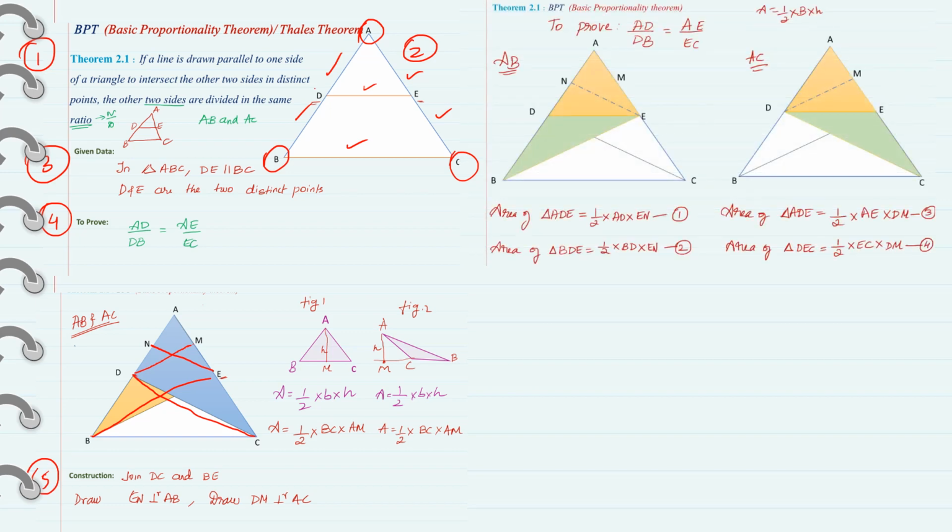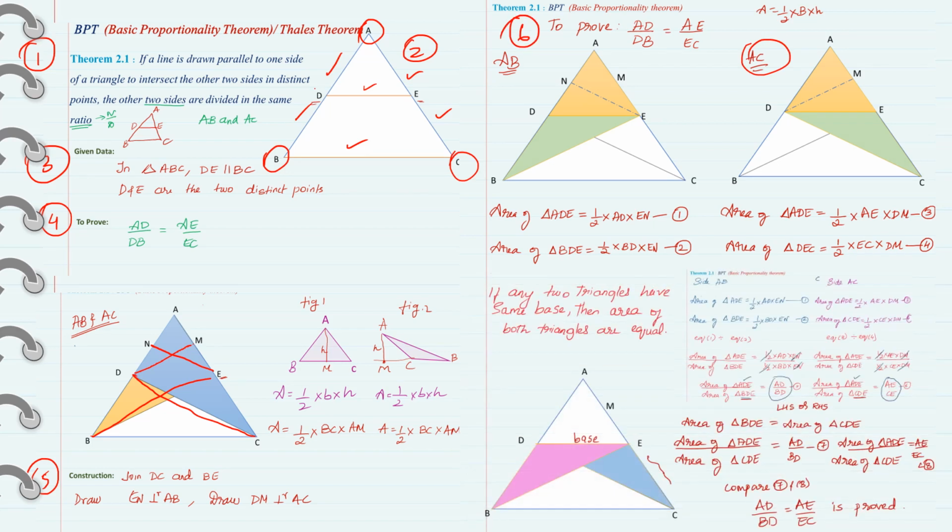Then sixth step, we have to concentrate on AB side and make two areas, and then again on AC side we have to make the two equations, that is 3 and 4. Okay, this is the proof. This is the sixth step. Then seventh step is simplification, that is we need to do equation 1 divided by equation 2 and equation 3 divided by equation 4.